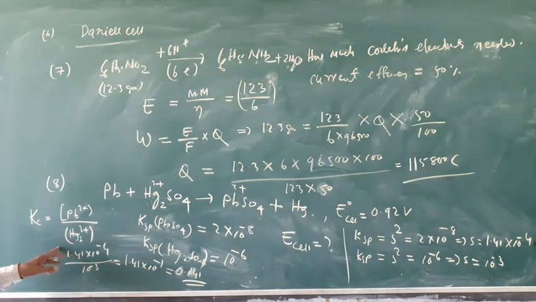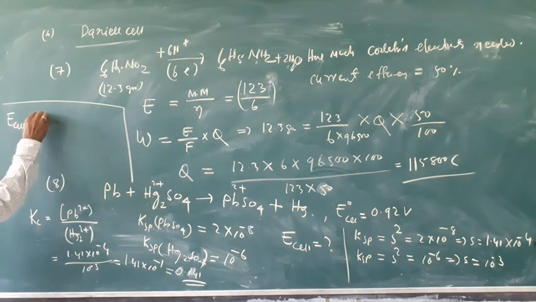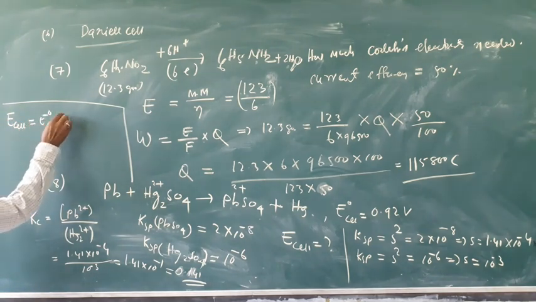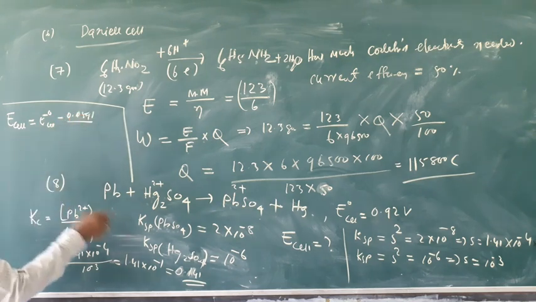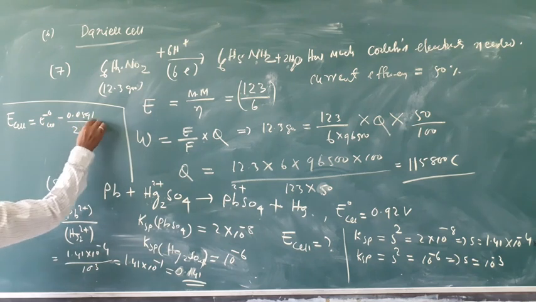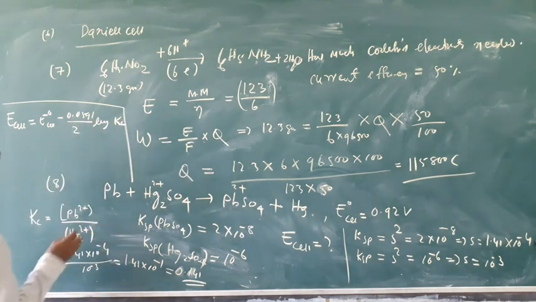If Kc is known, then what is the E cell? The E cell formula is E cell equal to E naught cell minus 0.0591 by n, where n is 2, times log Kc. Kc is calculated.